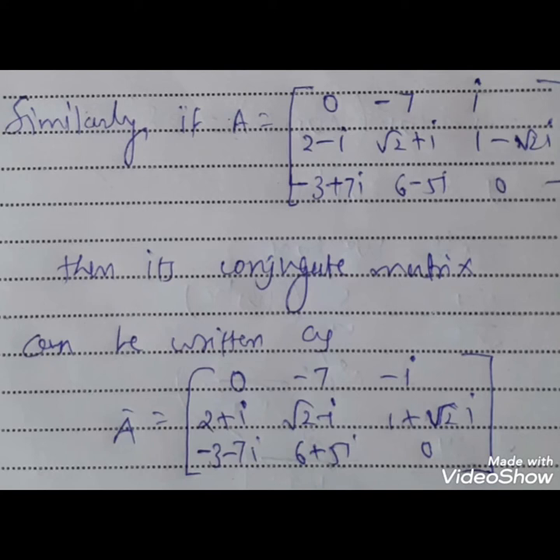The elements of the second row will be 2 plus i, root 2 minus i and 1 plus root 2 i, and the third row will be minus 3 minus 7i, 6 plus 5i and 0.